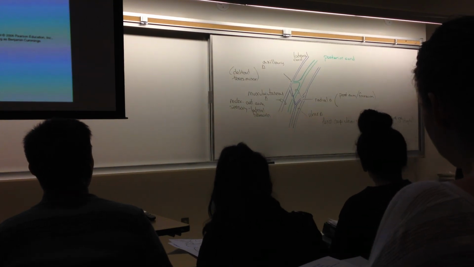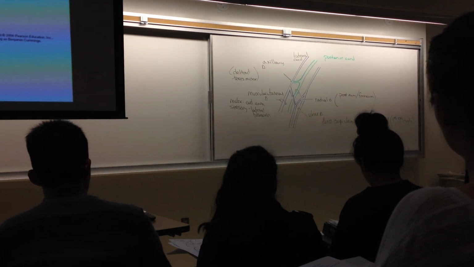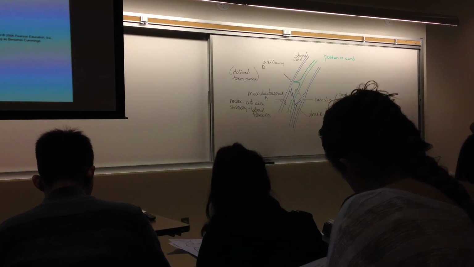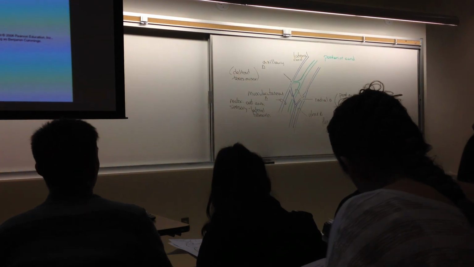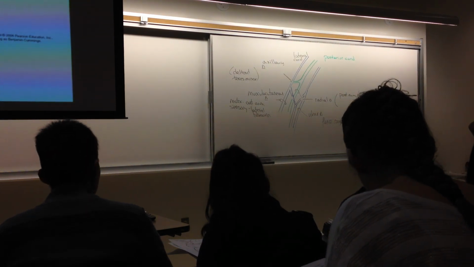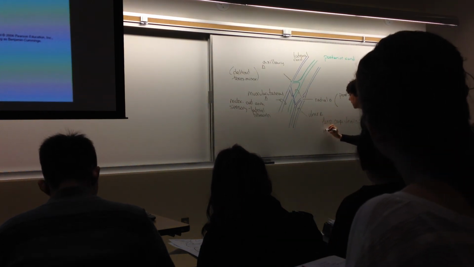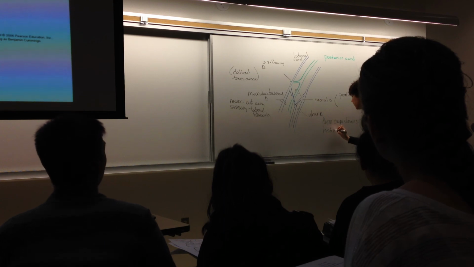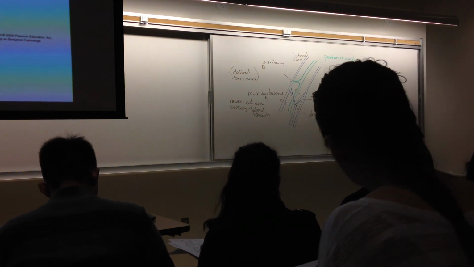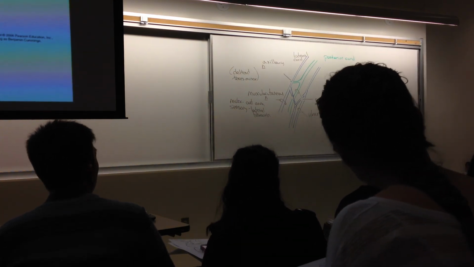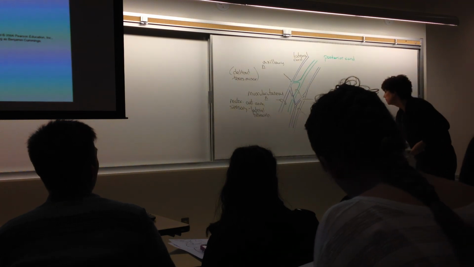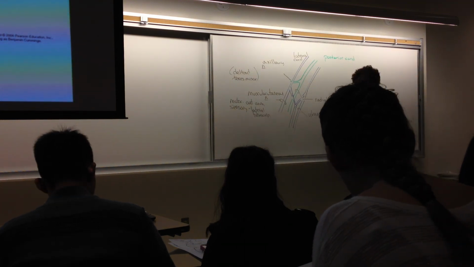And most of the muscles innervated by the ulnar nerve are finger muscles, intrinsic hand muscles. All right. By intrinsic, I mean the muscles are actually in the hand itself. With one exception, they do not move the thumb.